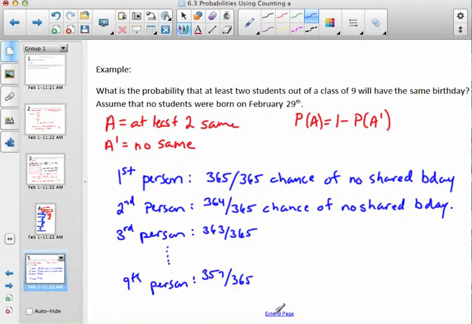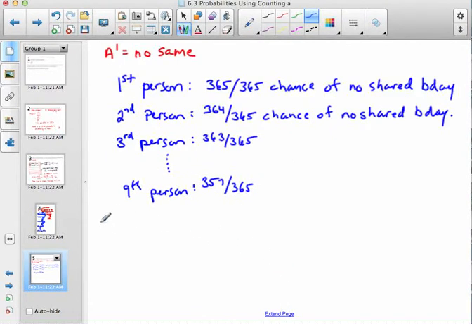Okay? So the probability of event A is going to equal 1 minus the probability of no shared birthday. However, what's the probability of no shared birthday?